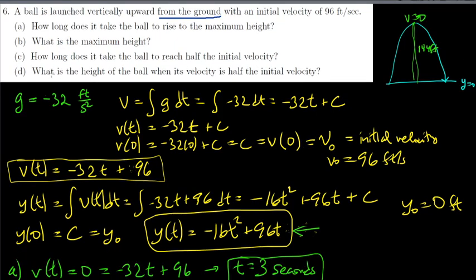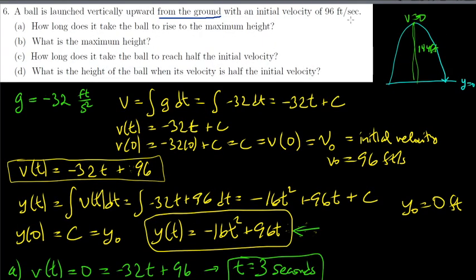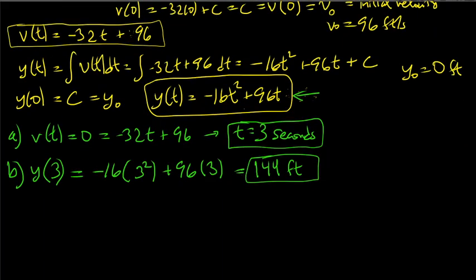How long does it take for the ball to reach half the initial velocity? Again, easy question. Half the initial velocity is half of 96, which is 48. So when is the velocity equal to 48?